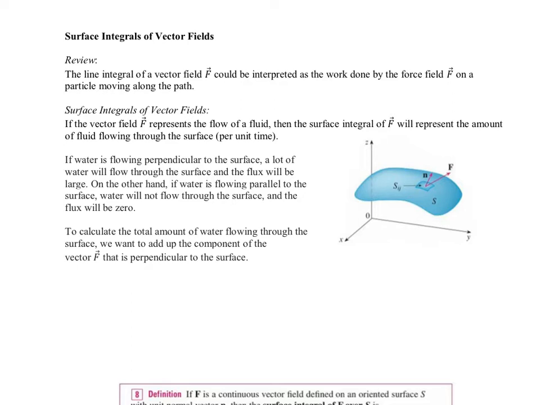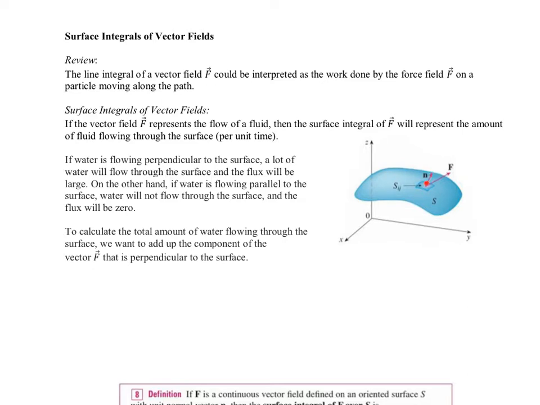To calculate the amount of water that flows through the surface, we add up the component of the vector F that is perpendicular to the surface. Looking at this picture, we have a normal vector.